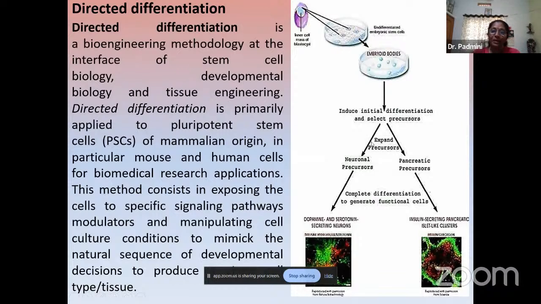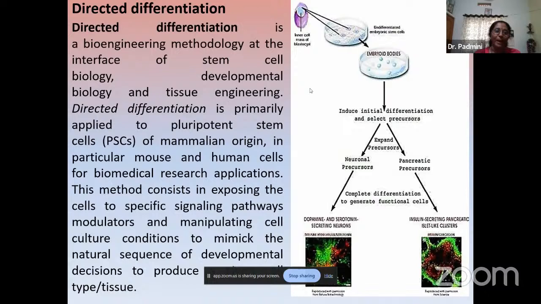You add the particular growth factors and you get neuronal cells. Now, say you want pancreatic cells. You add the growth factors for the pancreas, and from those same undifferentiated cells you get insulin secreting pancreatic islet cells. Whatever cells you want them to become, that is called directed differentiation.